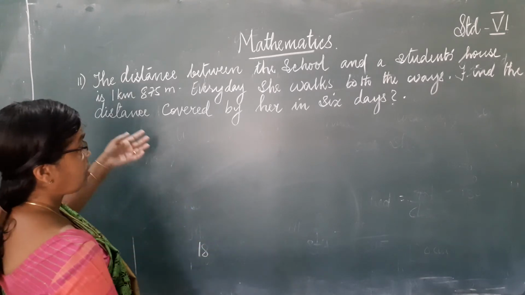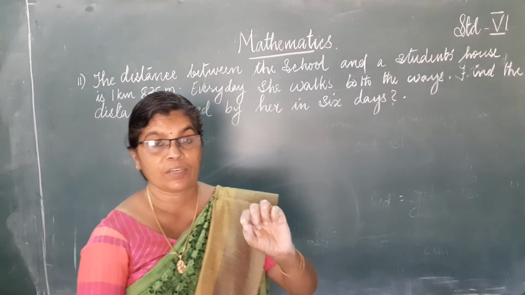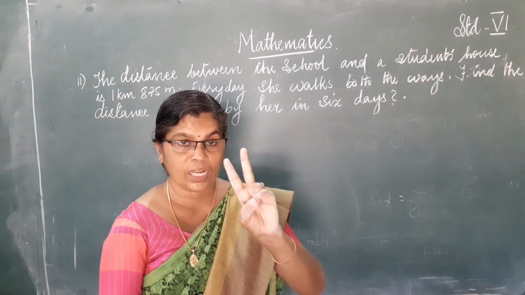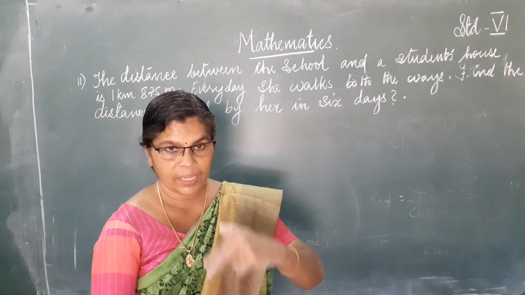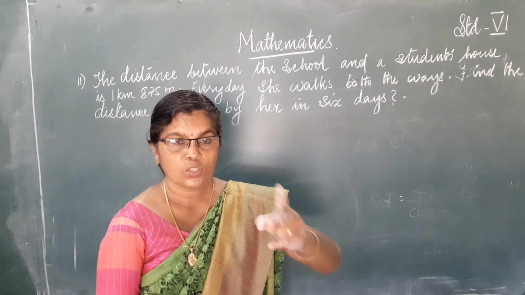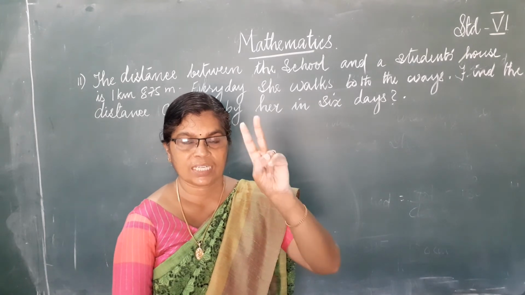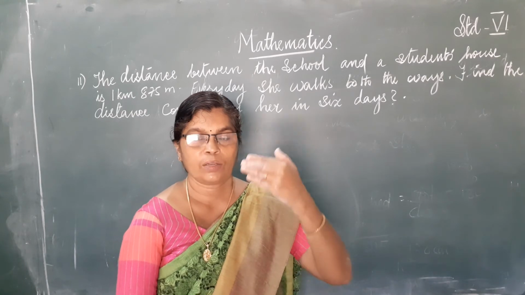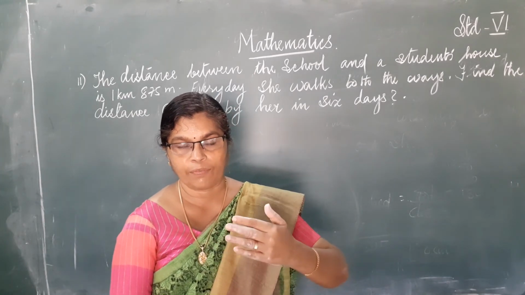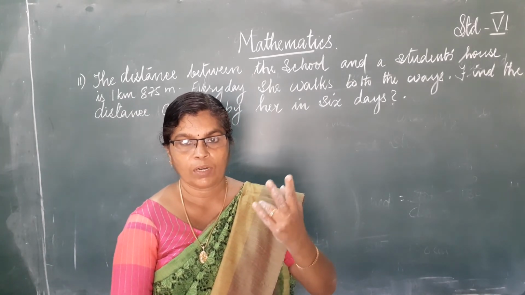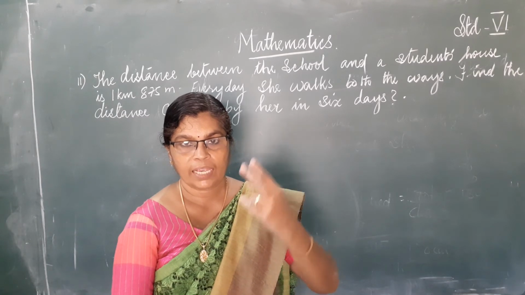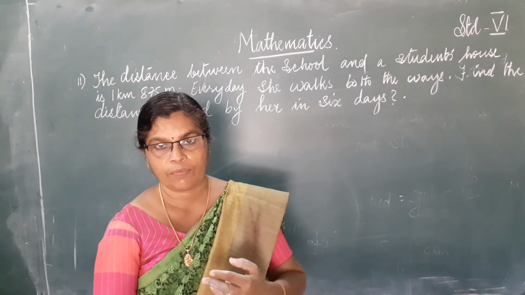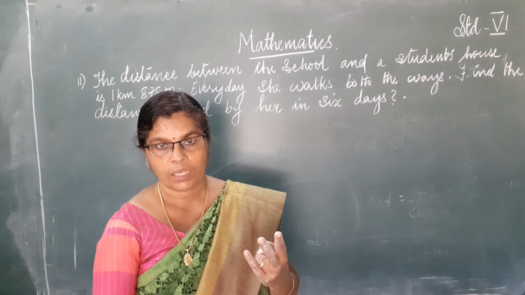So in one day, 2 times she is walking, coming and going. So the total distance covered by her in one day, for coming and going both, we have to add: 1 kilometer 875 plus 1 kilometer 875 meter.